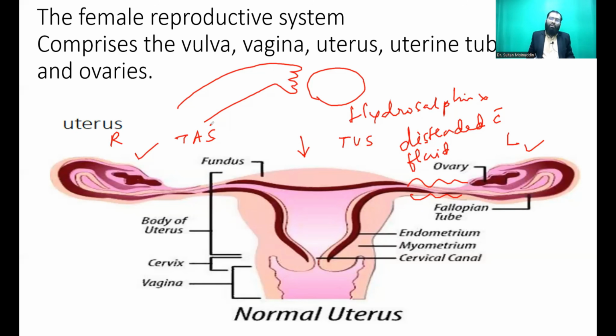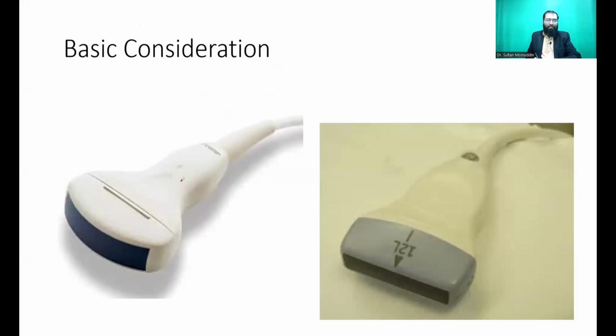When you do a transabdominal scan, you would be able to see the ovaries just adjacent to the uterus. In case of a transvaginal scan, where the probe is inserted into the vagina, you have to manipulate it such that you see the ovary just adjacent to the uterus. So this was about anatomy and applied anatomy, so that you understand where you need to look.